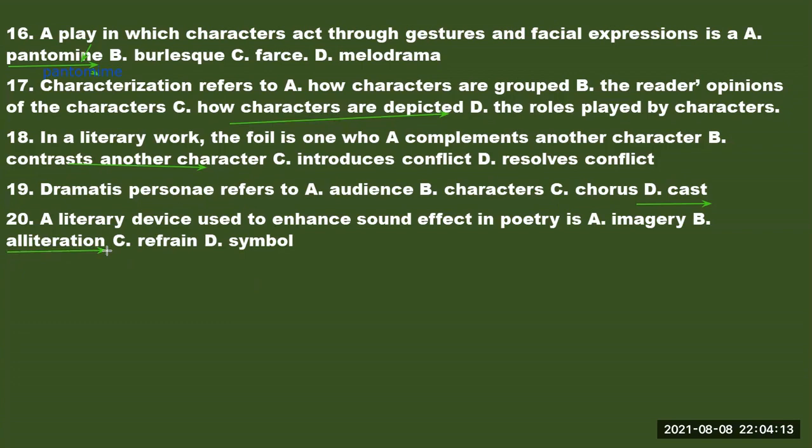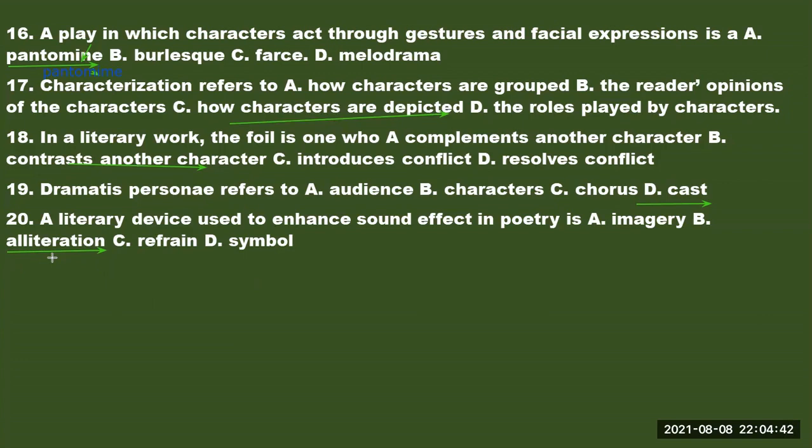When you say the little lad lied to the lax, for example, you repeat the consonant L in the words there. All right. So it's a deliberate repetition of the initial consonant sounds in the words in a line of a poem.